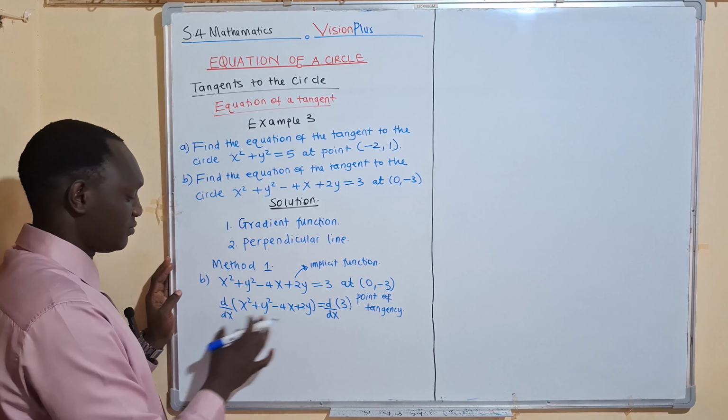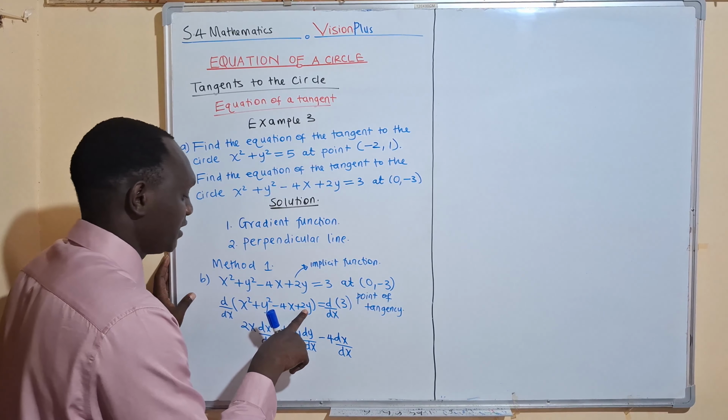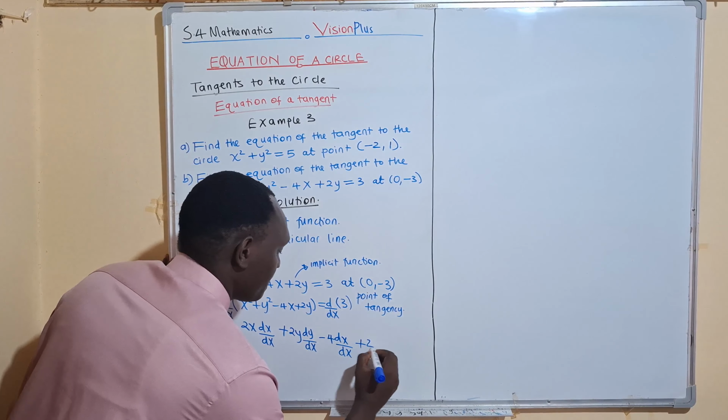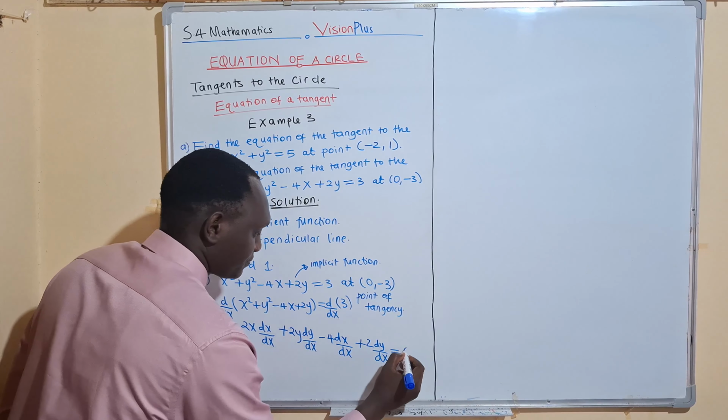And then negative 4x, if we differentiate negative 4x, we shall get negative 4. Then you come to plus 2y. If you differentiate positive 2y, you shall get positive 2, but it is a function in y, so we say dy/dx, equals, if we differentiate a constant 3, you get 0.